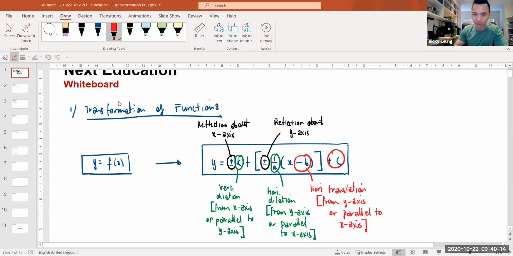And likewise, that's a vertical translation. In that language, it's from the x-axis, because if you're shifting something vertically, it's moving away from the x-axis. The move is parallel to the y-axis.